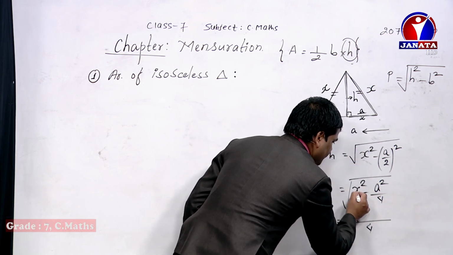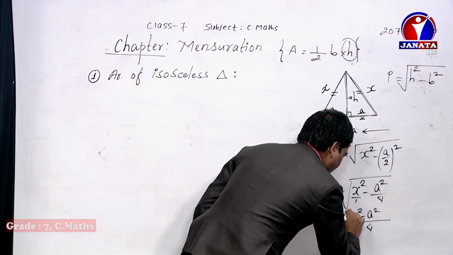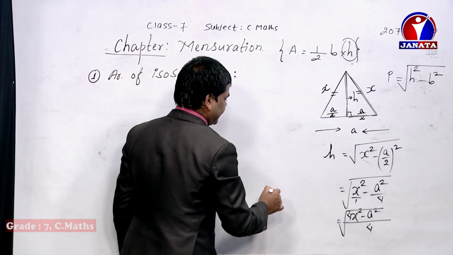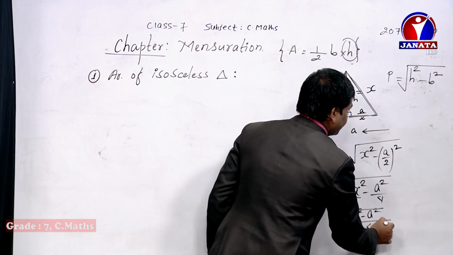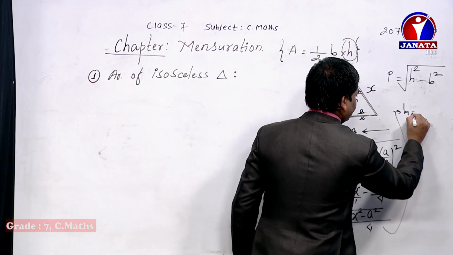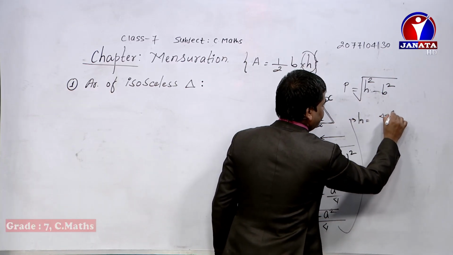In the numerator, 4x square minus a square, whole root under, isn't it? After carrying that step, I am going to write here: h equals root under 4x square minus a square.